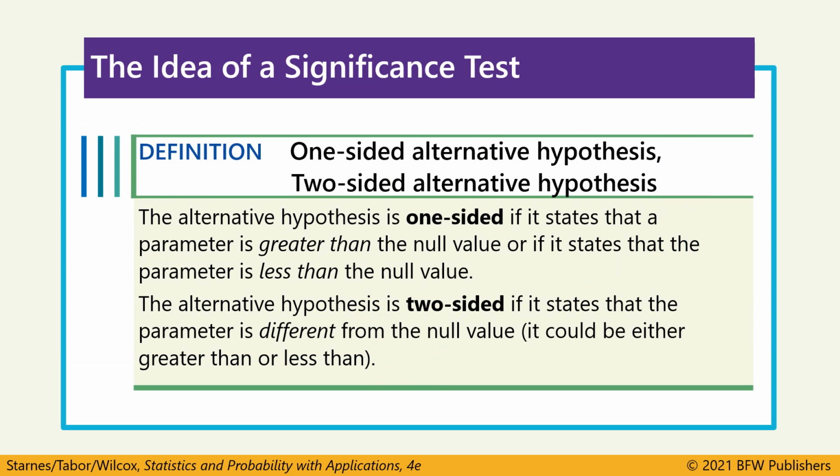So a one-sided test will state that a parameter is greater than or less than the null hypothesis value, while a two-sided test will note that it's different from the null hypothesis, indicating that we would use a not equal to sign.